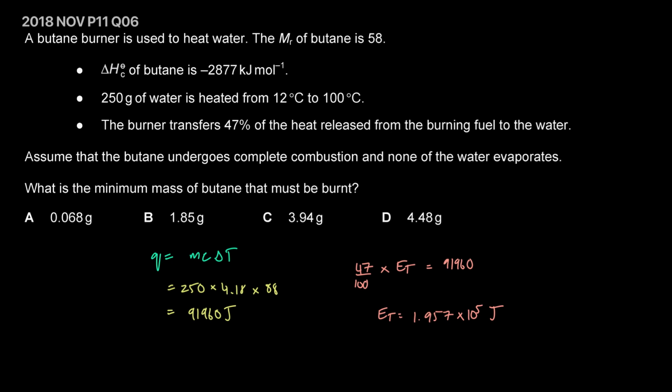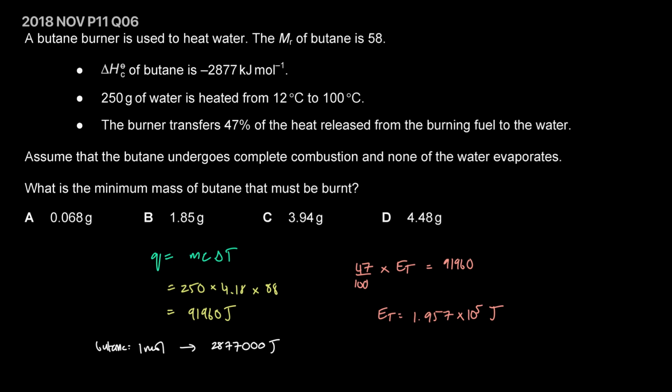Now they've told us that the standard enthalpy change of combustion of butane is negative 2877 kilojoules per mole. That means that if I had 1 mole of butane, the amount of energy that would be released is 2877 times 10 to the power of 3 joules.